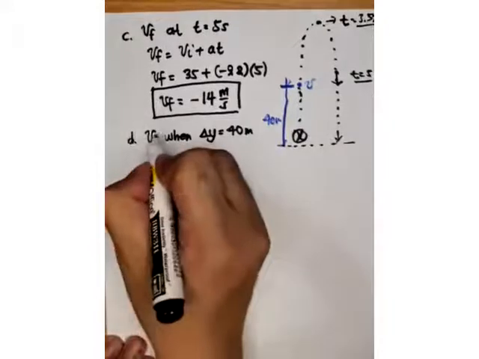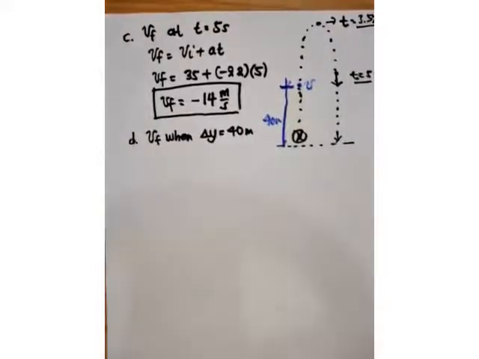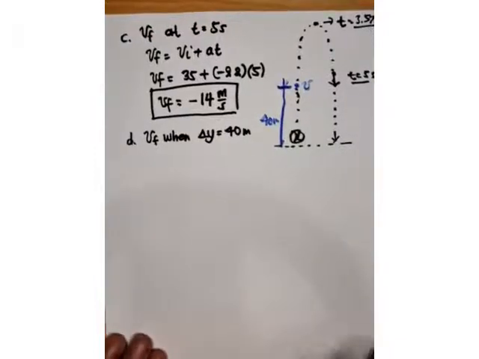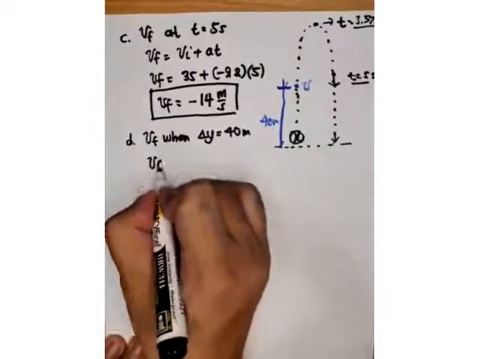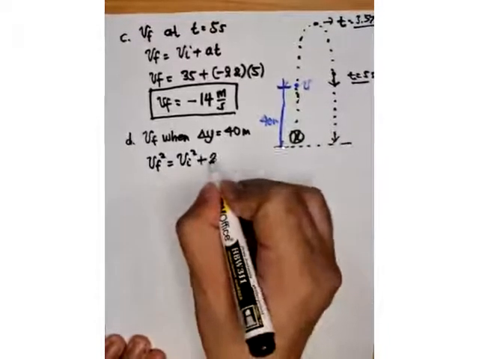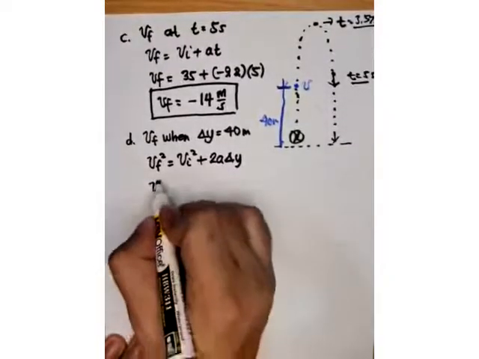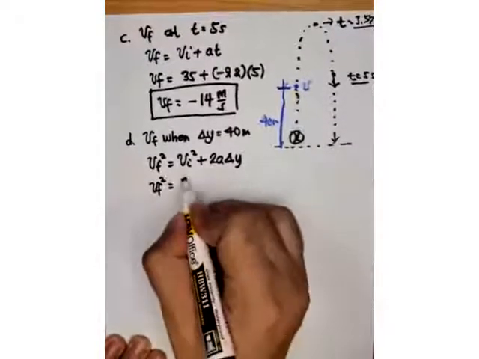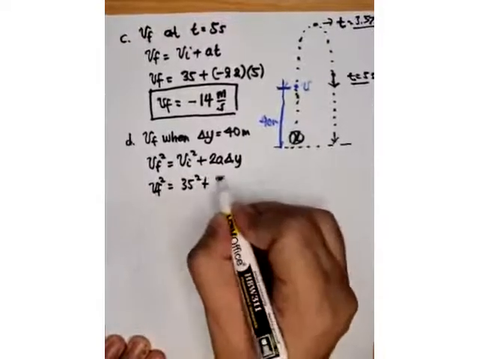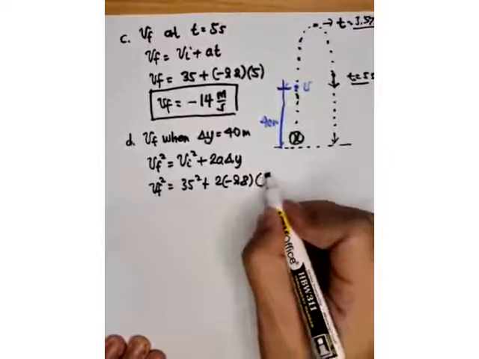Siyempre, sabihin na natin yan ay V final. So anong formula ang gagamitin natin? We have initial and also we have acceleration. So ang gagamitin natin ay V final squared is equal to V initial squared plus 2A delta y. So V final squared is equal to 35 squared plus 2 times negative 9.8 times 40.